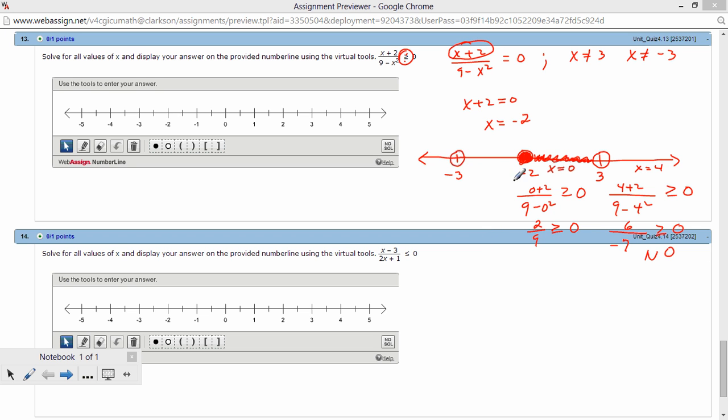Now, in the region from minus 3 to minus 2, here you're going to have to go to a decimal or a fraction. And I'm going to use negative 2 and 5/10. All right. Well, again, watch the sign. Watch whether it's plus or minus. Minus 2.5, right? That's the number I'm testing. Plus 2. Okay. So that numerator is clearly going to be a negative number, right? Negative 2.5, you only add 2. That's going to remain negative. The denominator is going to be 9 minus a number that's absolutely less than 3 that you're going to square.